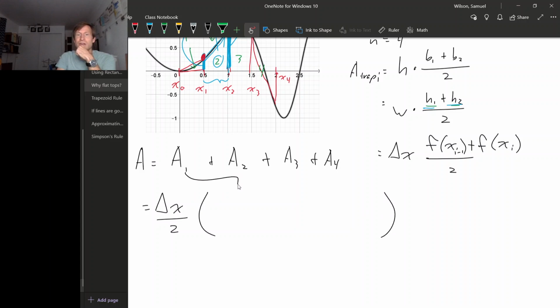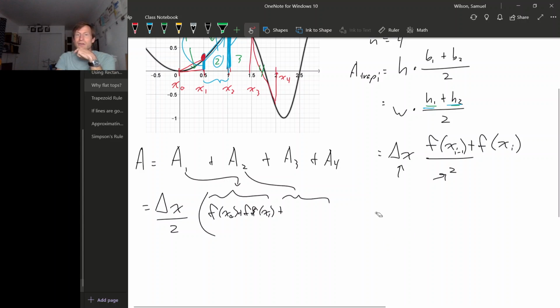Now the area for trapezoid 1, once we've factored out the delta x and the over 2, is f of x sub 0 plus f of x sub 1. Plus, and now let's write down the pieces from trapezoid 2: f of x sub 1 plus f of x sub 2.